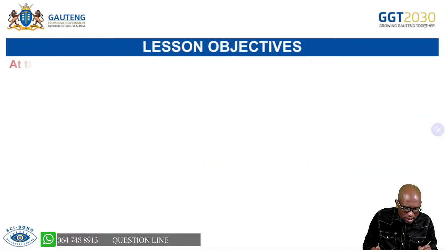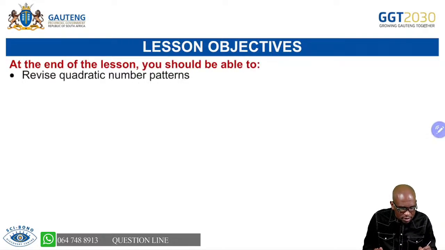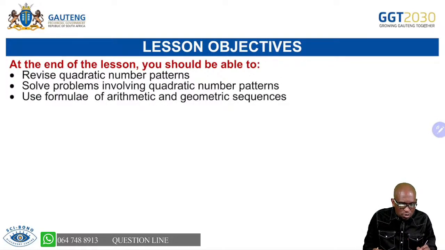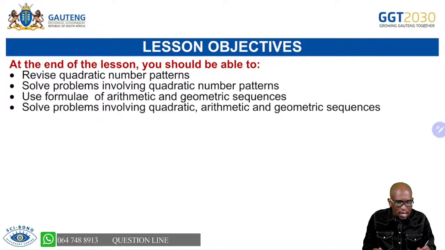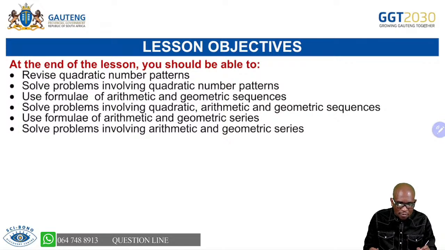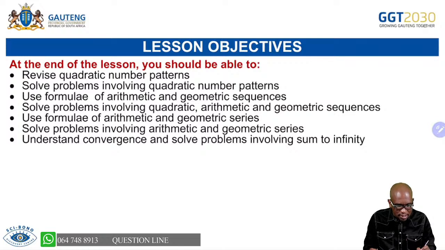Right. The objectives for today: by the end of this lesson, you should be able to revise the quadratic patterns, to solve problems involving quadratic patterns, to use formulae for arithmetic and geometric, solve problems involving quadratic, arithmetic, and geometric sequences, as well as arithmetic and geometric series, solve problems involving arithmetic and geometric series, or use the formula for the series, understand the concept of convergent, and solve problems involving the sum to infinity.